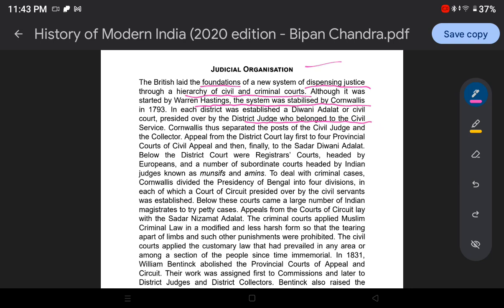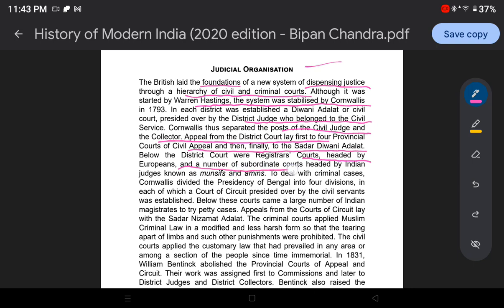Cornwallis thus separated the post of civil judge and the collector. Appeal from the district court lay first to four provincial courts of civil appeal and then finally to the Sadar Diwani Adalat.